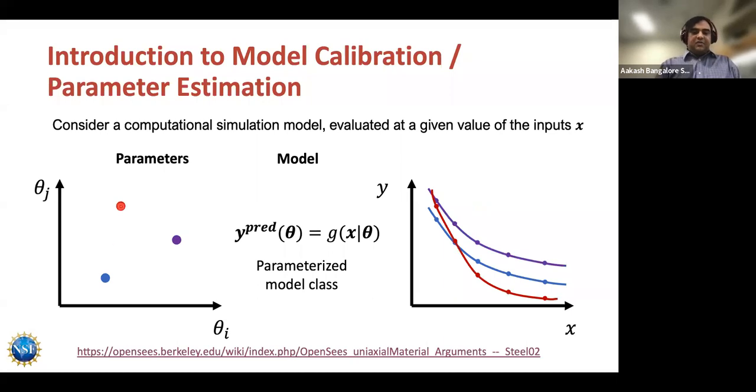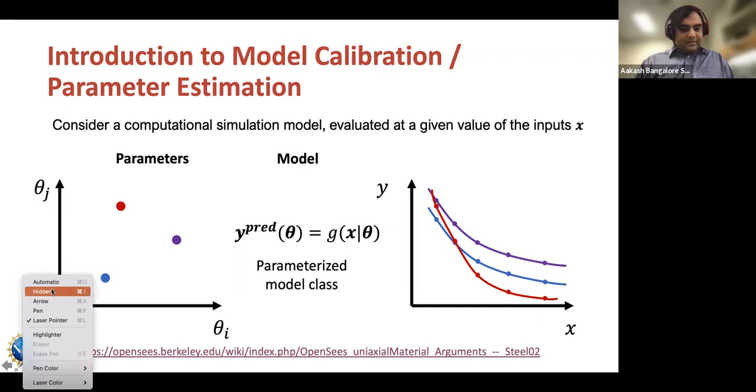If I look at other points in this parameter space, that describes a different relationship between the inputs and the outputs, or a different mapping.